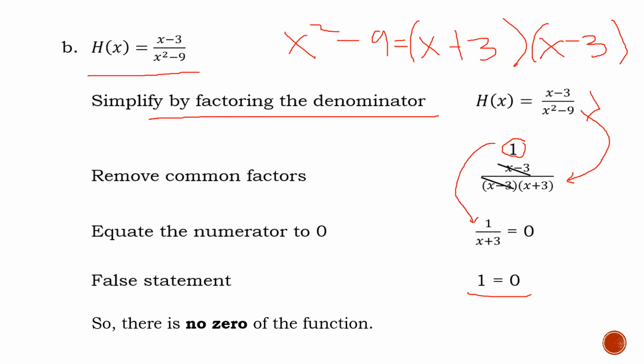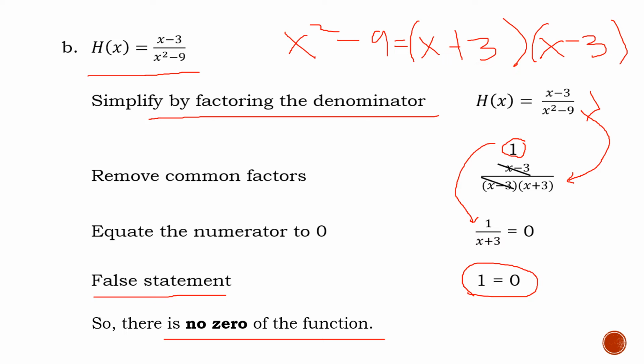So here, 1 is equal to 0 is a false statement. Definitely, no? Definitely, it's a false statement. Why? Because 1 is greater than 0 in reality and not equal to 0. Therefore, in this case, no, there is no zero of the function.